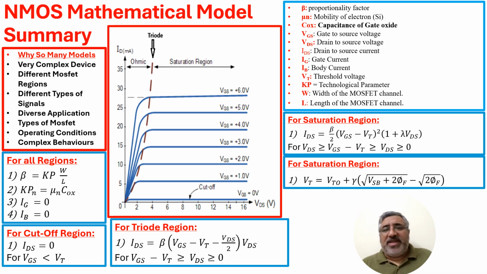As VSB increases, the threshold voltage also rises, affecting the device turn-on characteristics. Understanding this dependency is very crucial for designing circuits that require precise control over MOSFET switching behavior, especially in applications where body biasing plays a significant role in performance and efficiency.